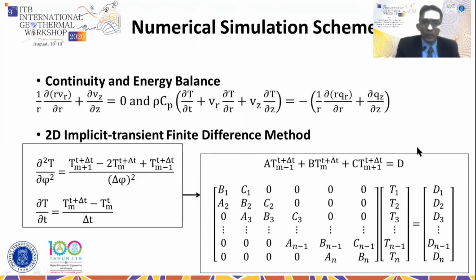If you look at this equation, the subscript, for example M here, indicates the location or the spatial index, and the superscript indicates the time index.